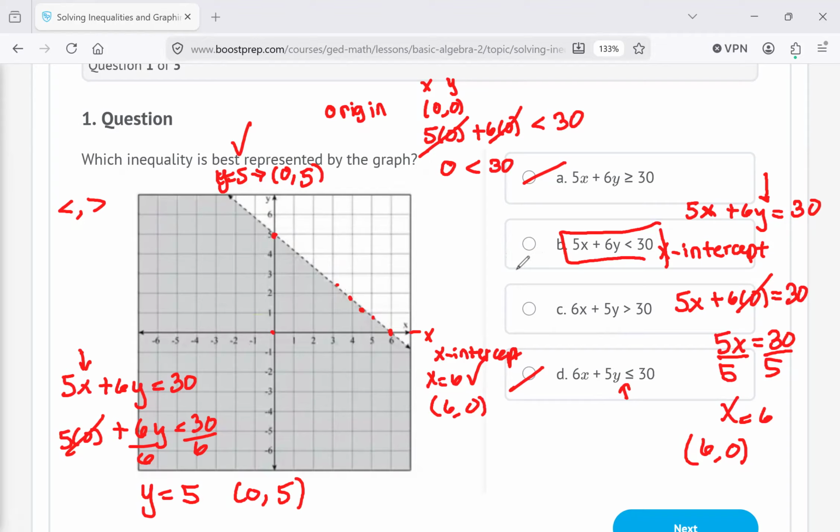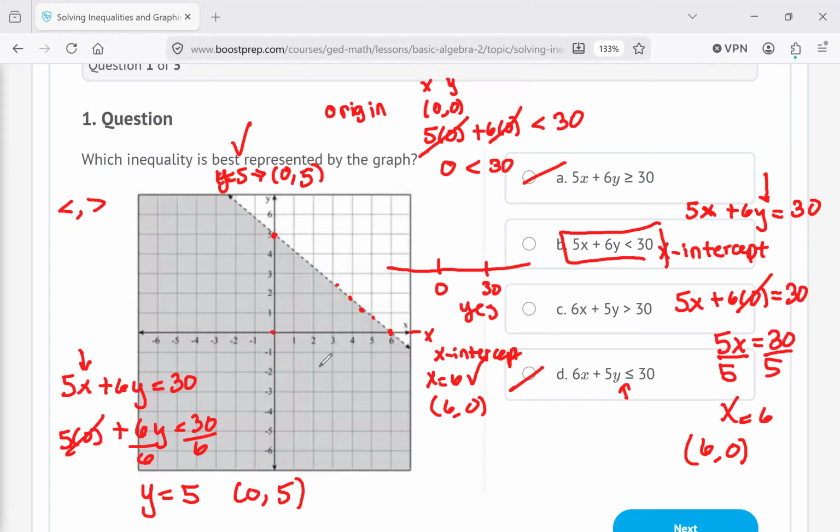So it could be a little bit confusing at first. If it confuses you, put it on a number line. 30 is the larger number, so you put it on the right, and then 0 is the smaller number, so you put it on the left. And then ask yourself, is 0 less than 30? Yes, 0 is definitely less than 30.